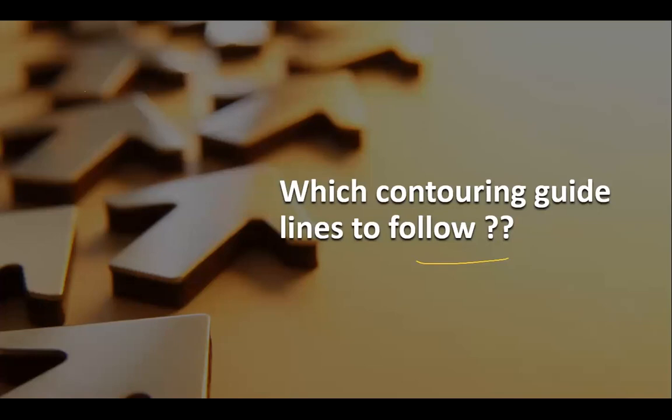We didn't take any consideration of the pathology or high risk factors. We just contoured according to the bony landmarks in RTOG, and according to the vessels in ESTRO. In both cases, we haven't taken into consideration the pattern of recurrence or any risk factors associated with the patients. So which guidelines should we really follow? That is a major question.